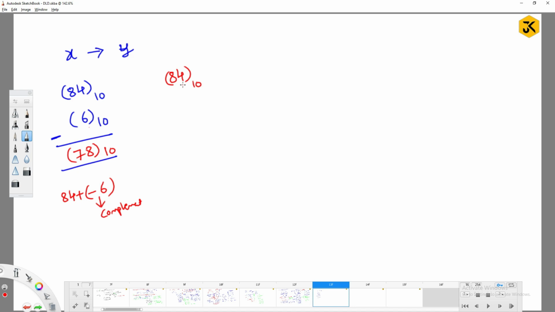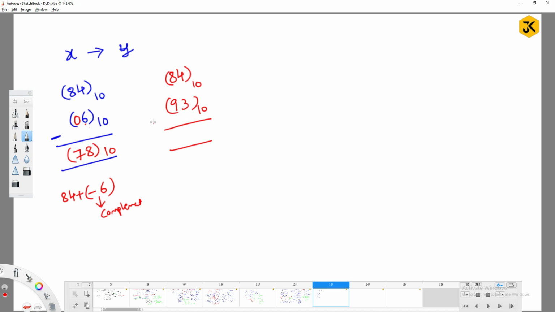But while performing addition or subtraction in any computer system, you have to make it an equal number of digits. So I make it 06, then 99 minus 06 is 93. 93 base 10. What I did here is represent minus 6, a negative number, as a positive number equal to 93. 93 is the complement of minus 6.